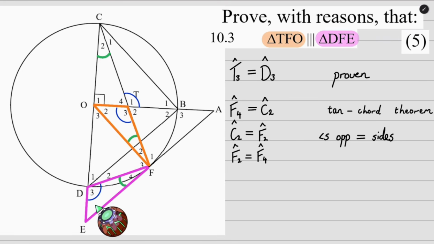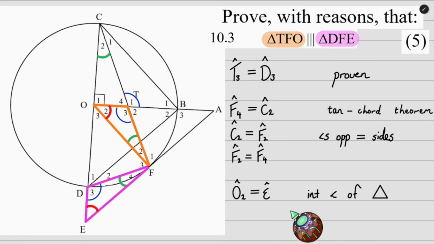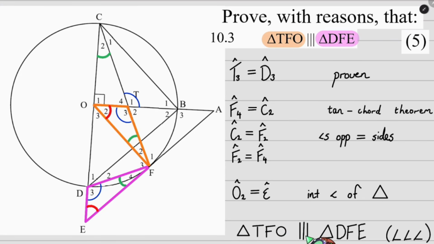So this angle E over here will be the same as O2. And we simply state that with the reason of interior angles of triangle. Now I can copy paste this statement. And I know that those triangles are similar because of angle. I proved all 3 angles are the same inside of those 2 triangles.